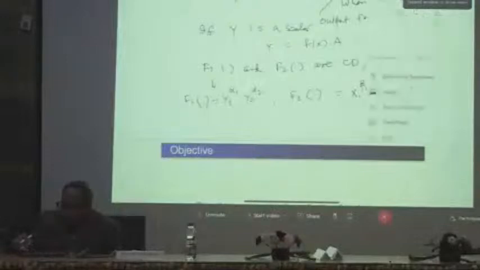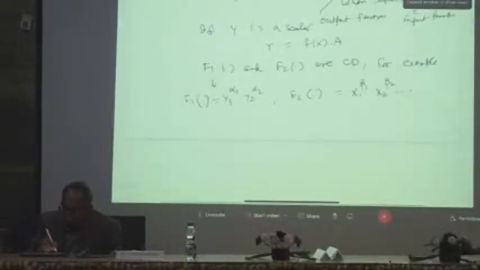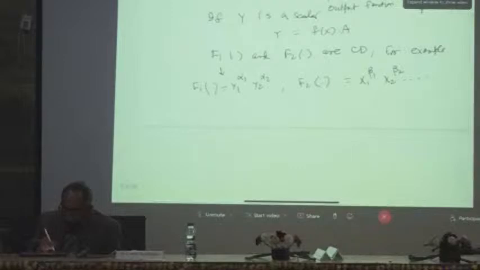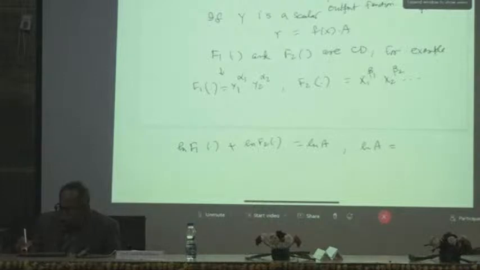Okay, so what happens is that if you write it in terms of log, then again it's going to be linear. So if you take a log, log of f1 plus log of f2 is equal to log of a. And log of a you can think of as being equal to a constant plus the term b that is embedded inside a.